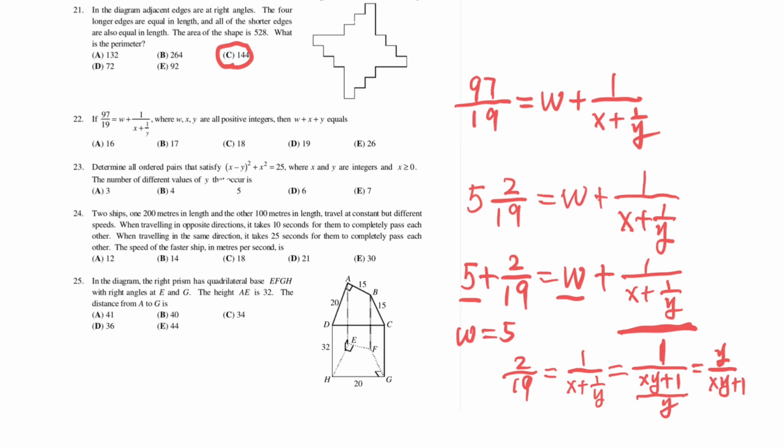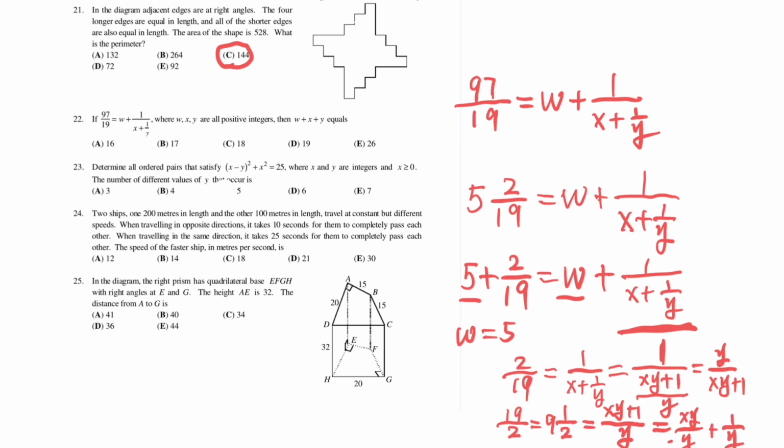That means 19 over 2 converts to the mixed number 9 and 1/2, equal to, on the right side, xy plus 1 over y. We split the fraction into two: xy over y plus 1 over y.